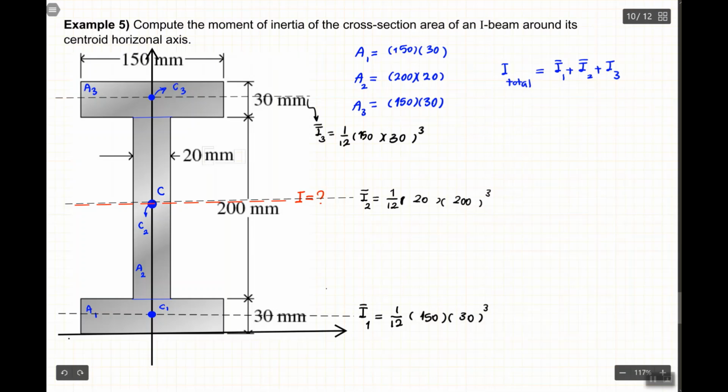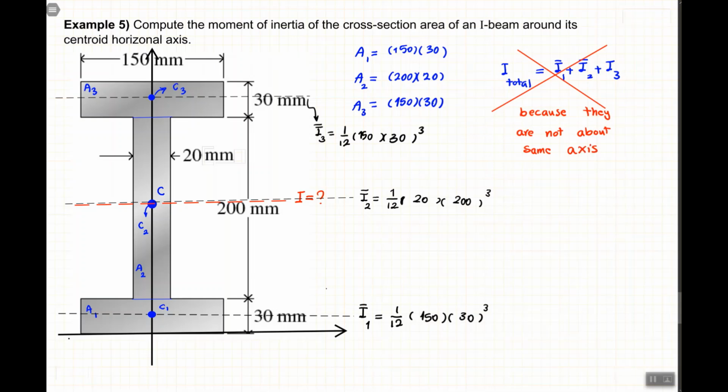Because, let me cross it so later you don't make a mistake, they are not about the same axis, and you have to be careful. We are only allowed to add moment of inertia when they are about the same axis.